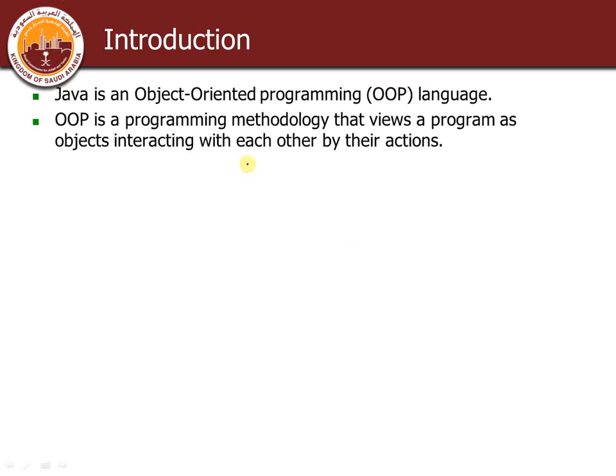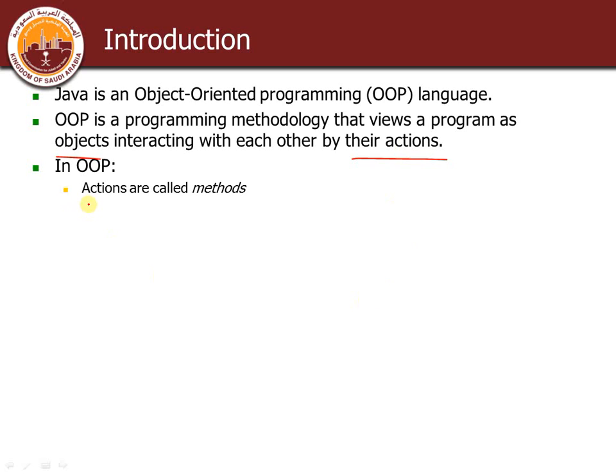So this is object-oriented programming. We refer to it as OOP. In object-oriented programming, all our programs are objects and classes that are interacting with each other by using the actions. We'll get into more details about that, inshallah, in a couple of minutes.